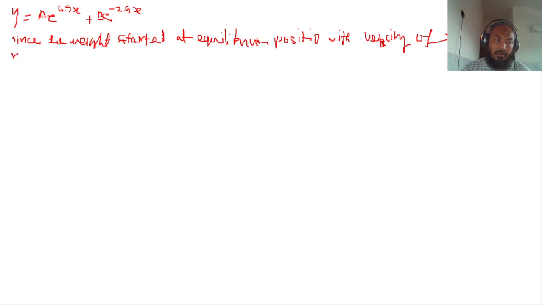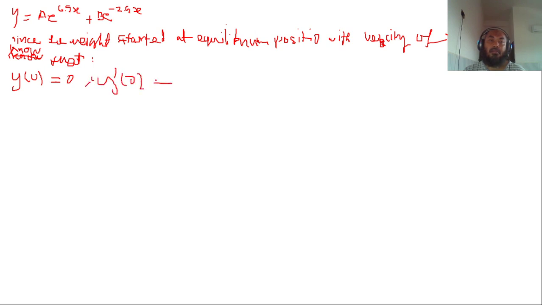We know that y(0) equal to 0, y dash 0 equal to 20 meters per second.